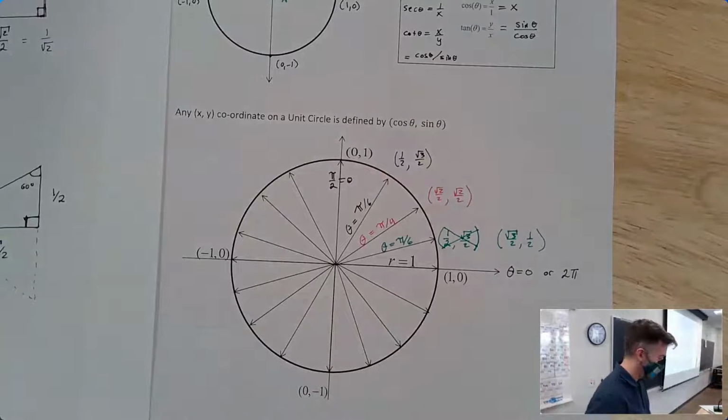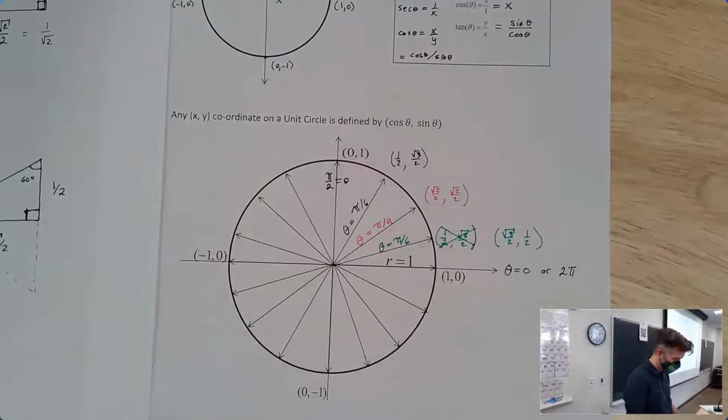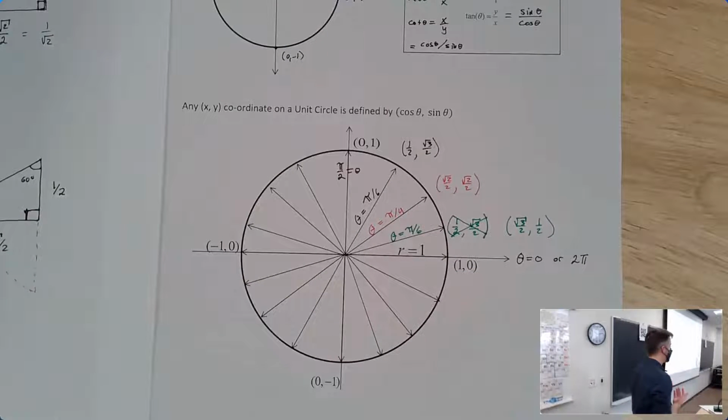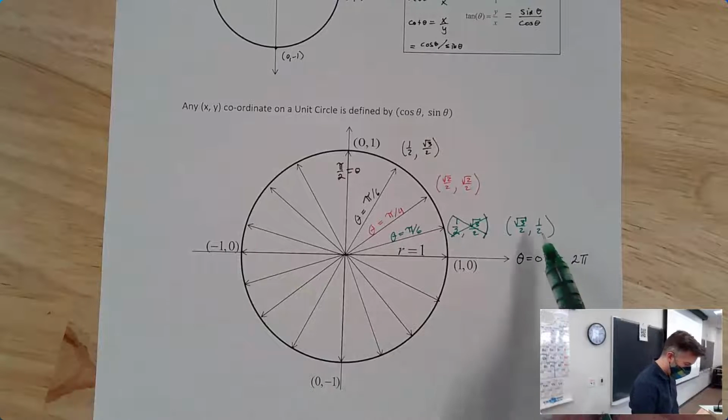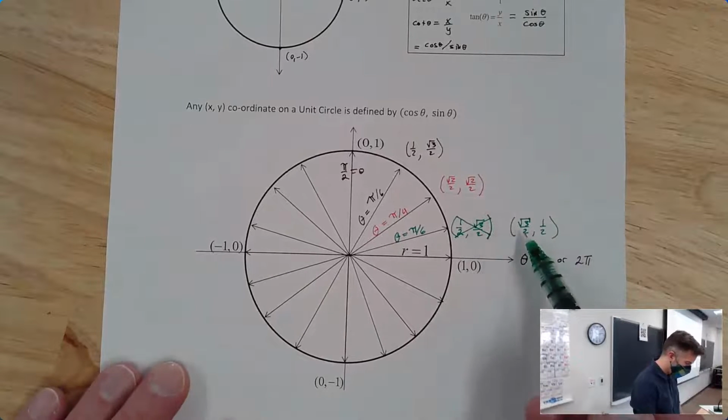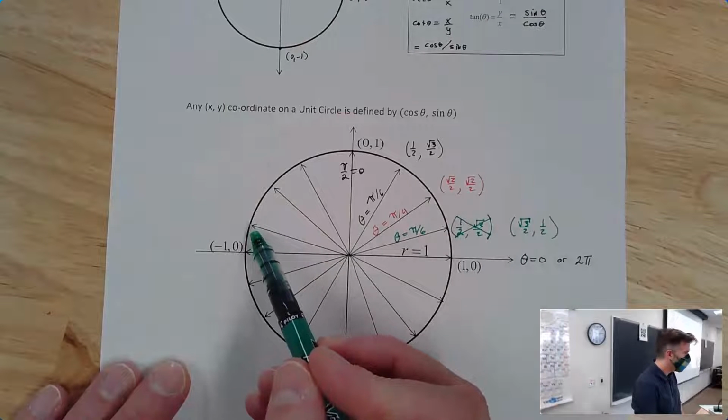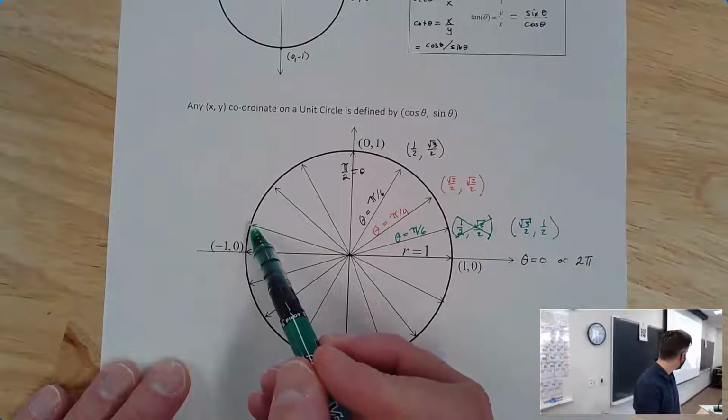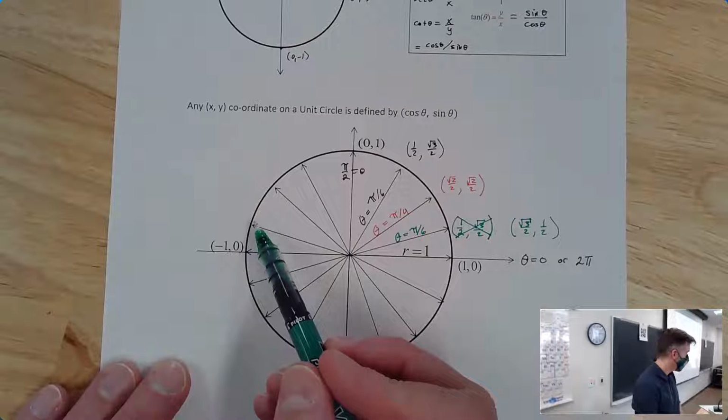So now, here's the nice thing about the unit circle. You only have to memorize one quadrant of it, if that's the way you want to do it. Because there's a lot of symmetry. So what I want you all to see here is that this coordinate, if I look over here, the x and the y value should be the same, except that which one is now negative?